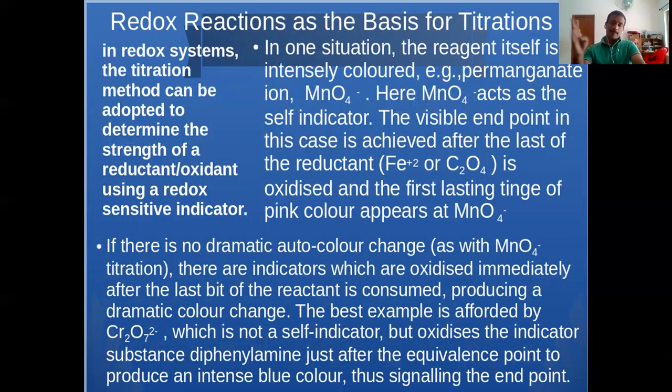The first one is permanganometry, then dichrometry, and the third one iodometry or iodimetry. In all these titrations, we are using a redox reaction for the estimation of the solute present in the given solution.